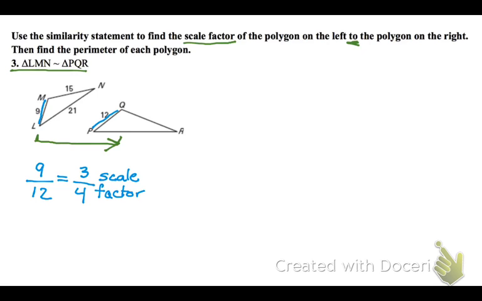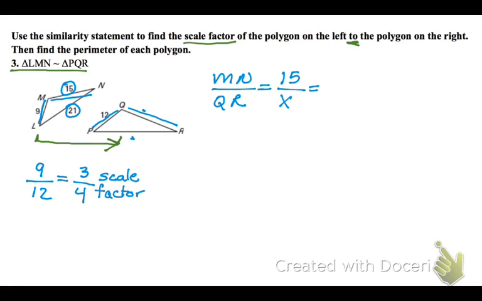Okay, so I have my scale factor. So now we're going to apply our scale factor to each of these other sides to come up with the sides that we don't know. So MN over QR is going to be equal to 15 over some number x.